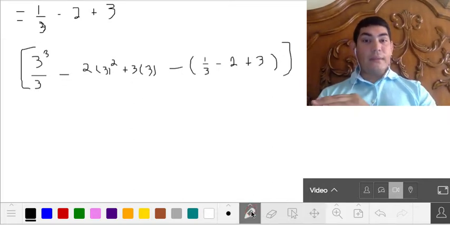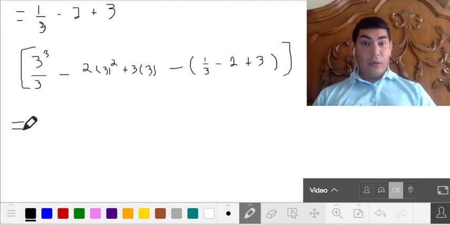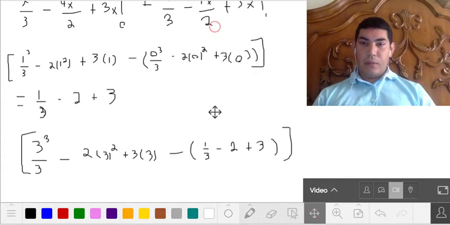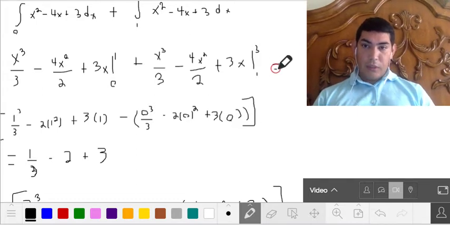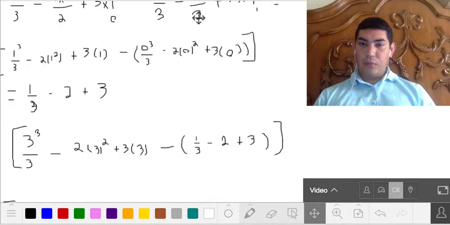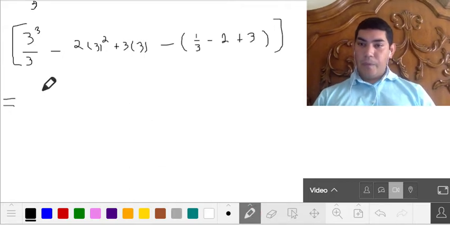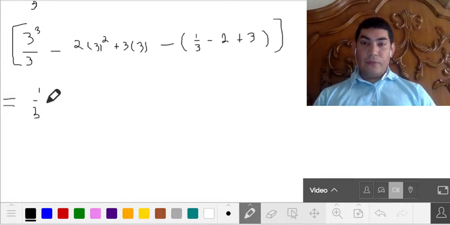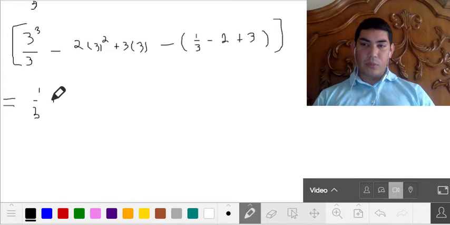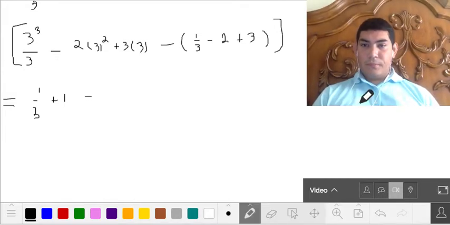So I'm going to start writing the whole solution now. That's going to be equal to 1/3, negative 2 plus 3 is just 1, so I'm going to write plus 1, minus, sorry, plus, so it's minus, right?